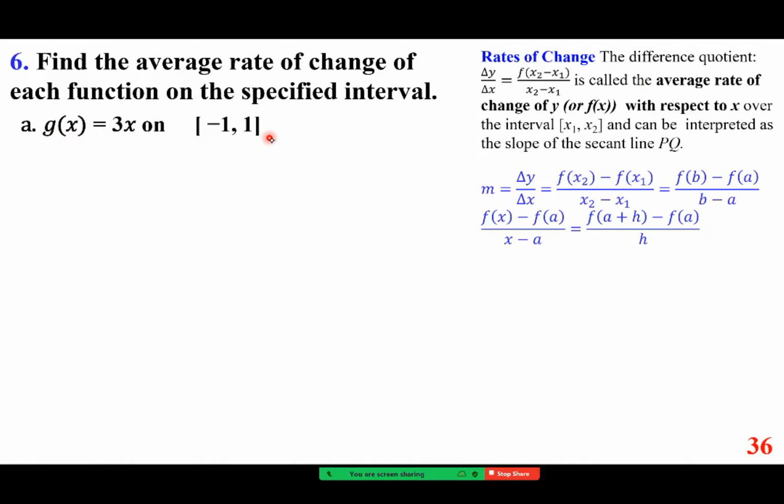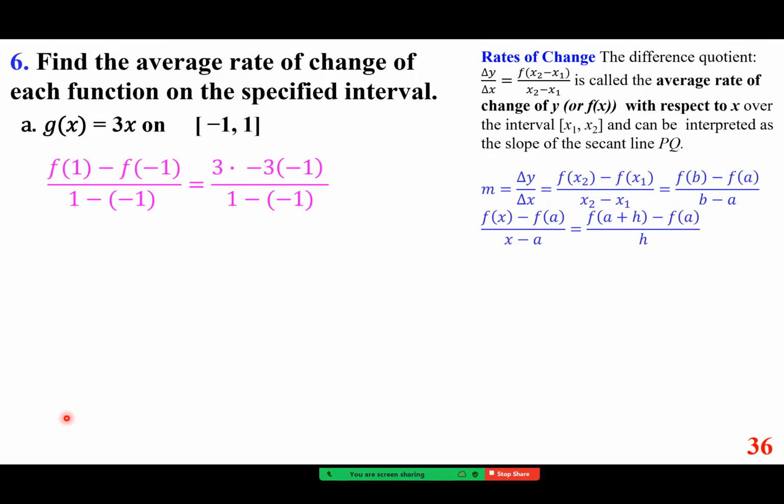So this is the interval of interest. That means one of them is x sub 1, one of them is x sub 2. This is not a pair. A pair is inside the parentheses. So this means from x equals negative 1 to x equals 1. And f, or in this case, maybe you want to change it to a g. Okay.